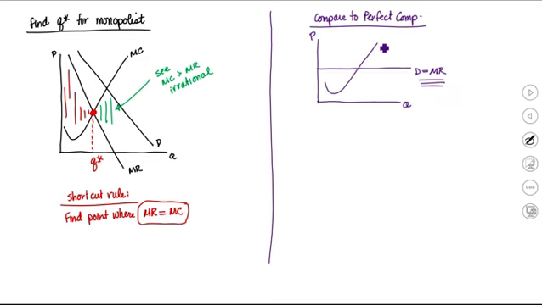We're going to add in marginal cost. Can I find the optimal output in perfect competition? It's where the demand curve intersects the marginal cost curve, right? Does everyone agree? But the demand curve is also the marginal revenue curve. So do you agree that I have found, same shortcut rule, the point where marginal revenue equals marginal cost? So if you produce where marginal revenue equals marginal cost, this is the best you can possibly be.